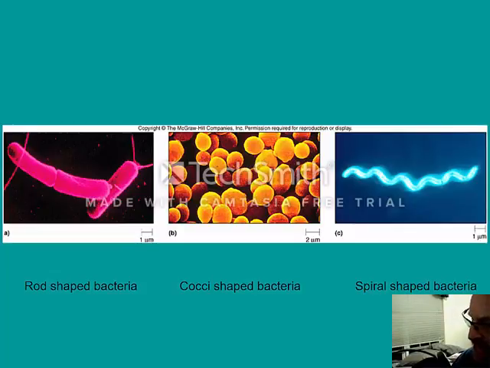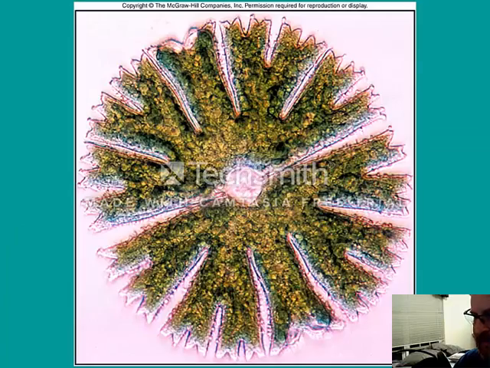Then you have cocci-shaped bacteria, or in other words, little balls. And then finally in panel C, we see a spirochete. And so this is a vast majority of what the cells will look like under the microscope.